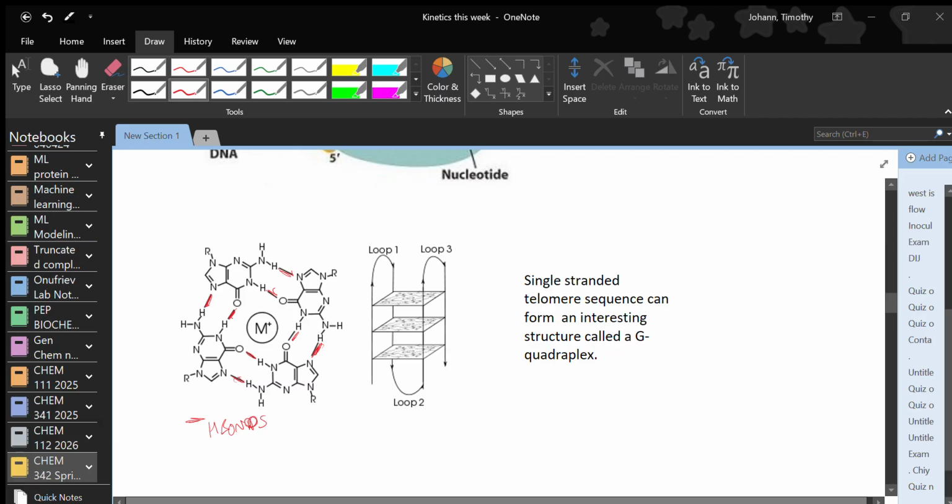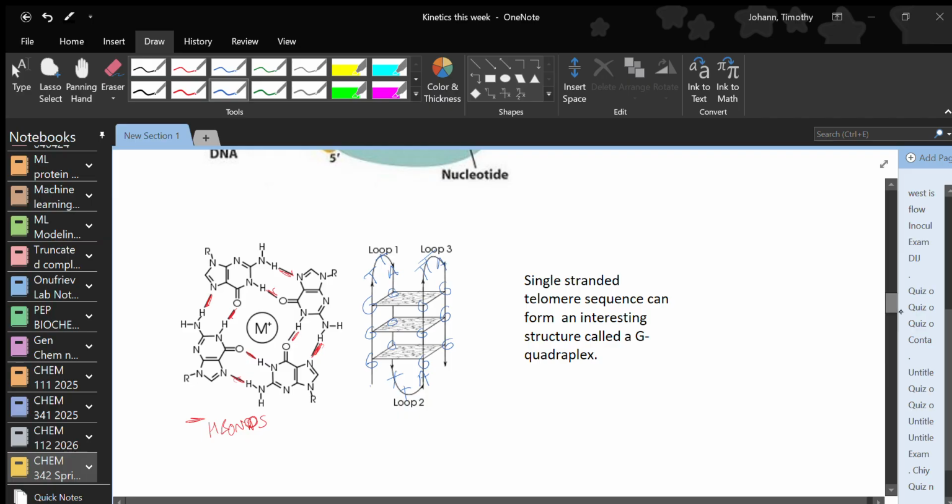It's usually, I think potassium is best. So let's go G, G, G, and then T, T, A, G, G, G, T, T, A, G, G, G, T, T, A, G, G, G.